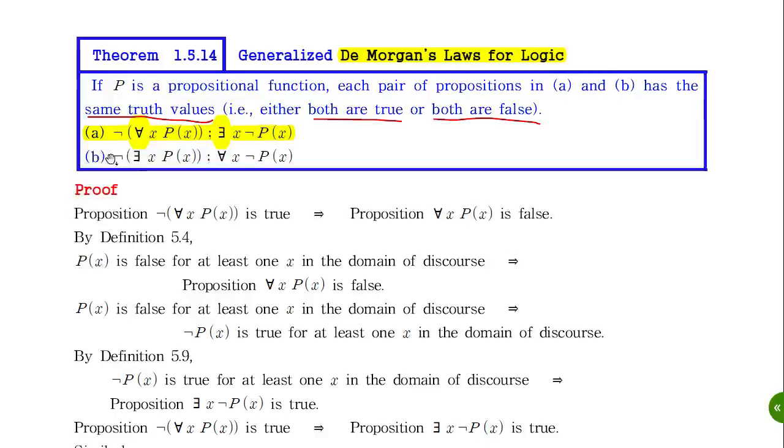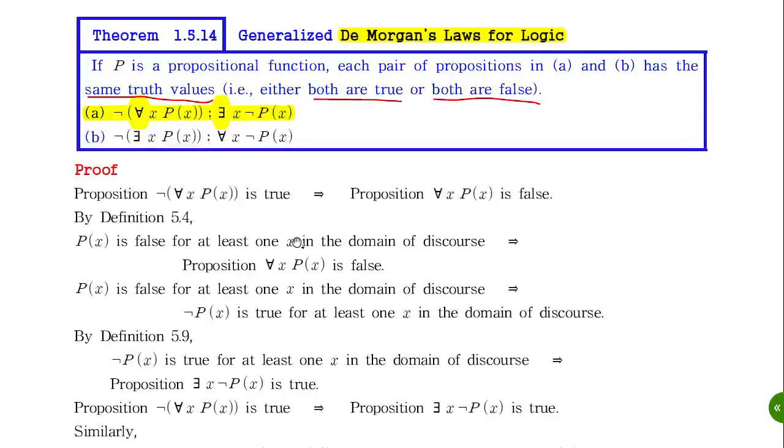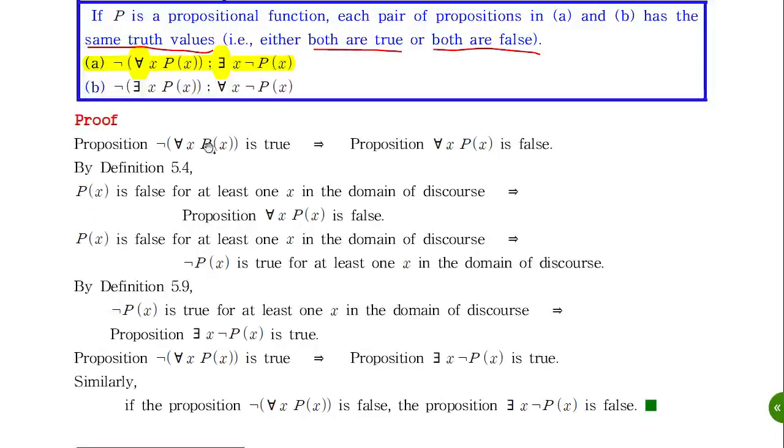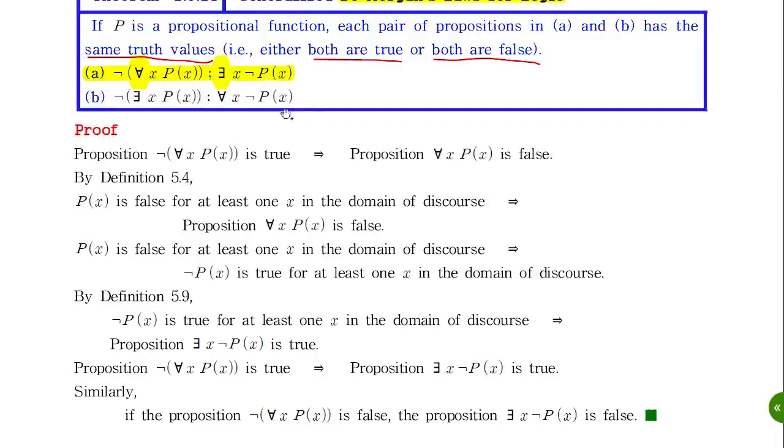And in B, the negation of this statement makes E to A and plain to the negation. So if you have the negation of the whole statement, change E to A or A to E, and plain to negation. That's all you have to do. These are equivalent, and you can easily check that they work.